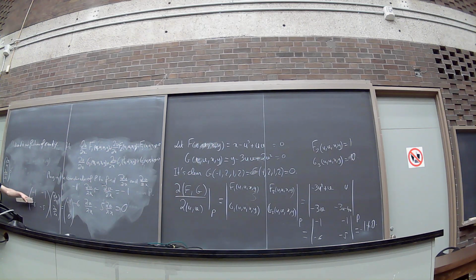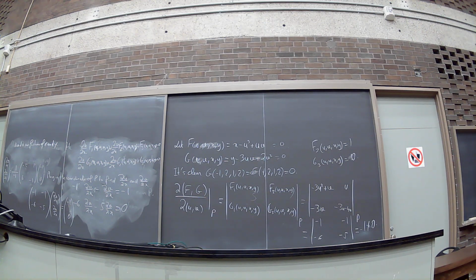This matrix has determinant minus 1, right? So it's 1 over determinant, so it's 1 over minus 1 times, A becomes D, so you flip them, minus 5, minus 1, 1, 6, times minus 1, 0.